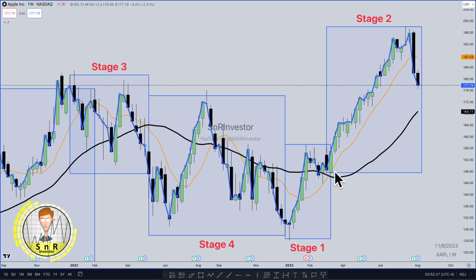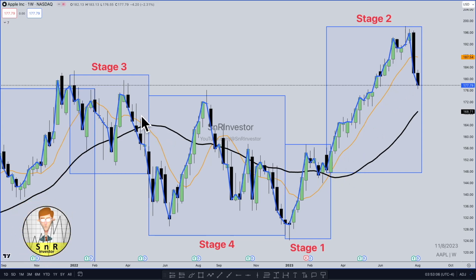So here is a very good indication whereby with just the 30 week moving average, it can be a bit hard to definitively determine that it has transitioned into a potential stage 2, but with the added 10 moving average cross of the 30 week moving average, this can give you a higher level of confidence that it could be on a stage 2 move already.